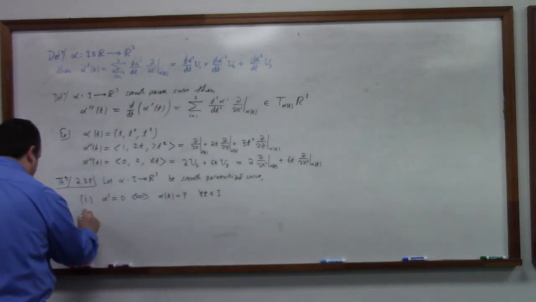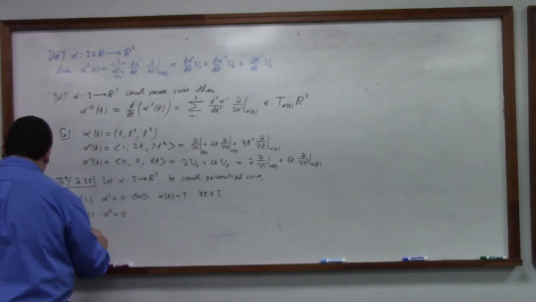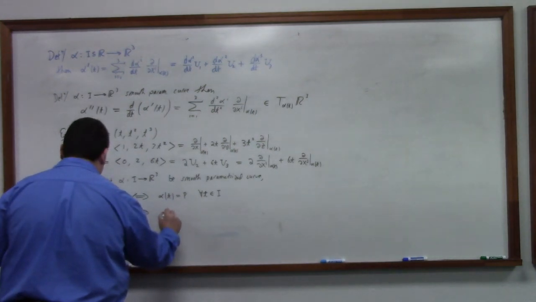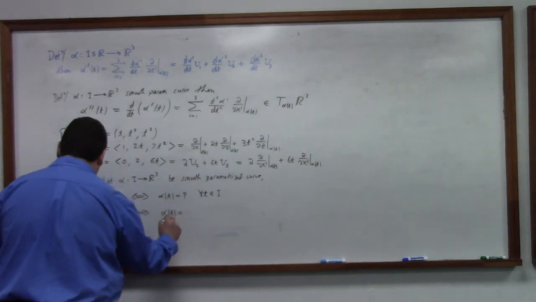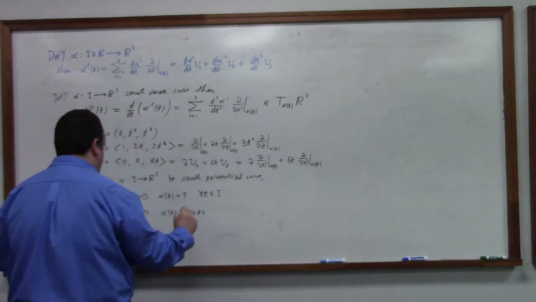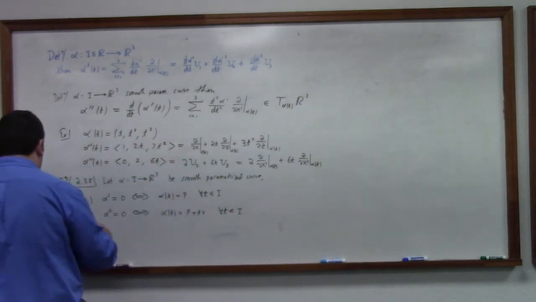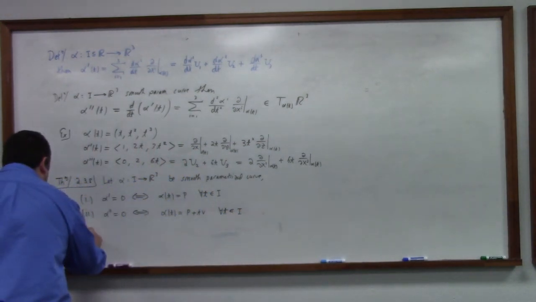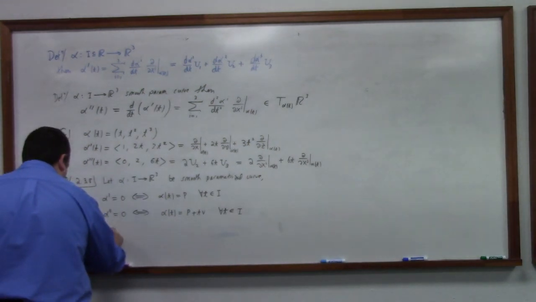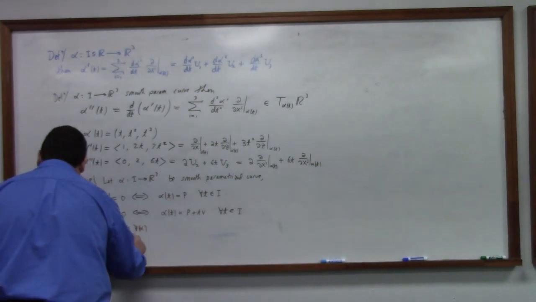Number two, alpha prime prime is equal to 0 if and only if alpha of t is equal to p plus tv for all t in I. Number three, let y be a smooth vector field along the curve alpha.